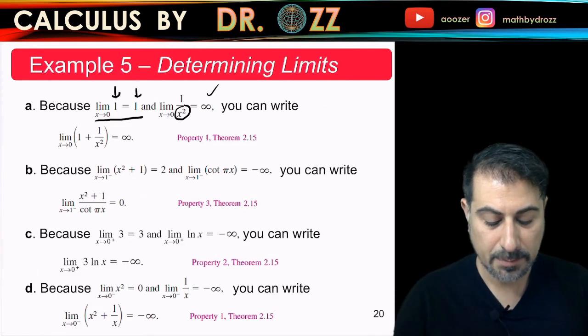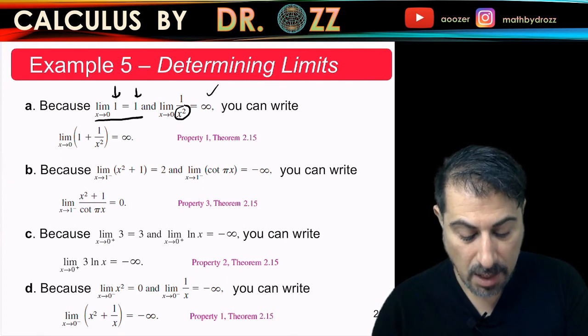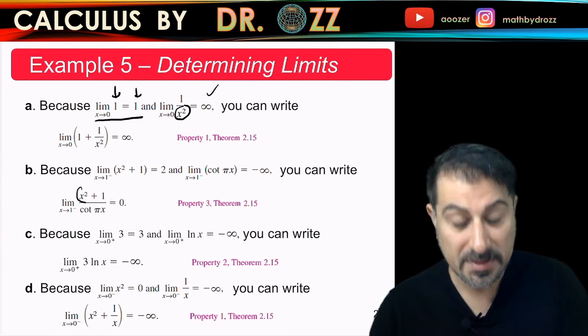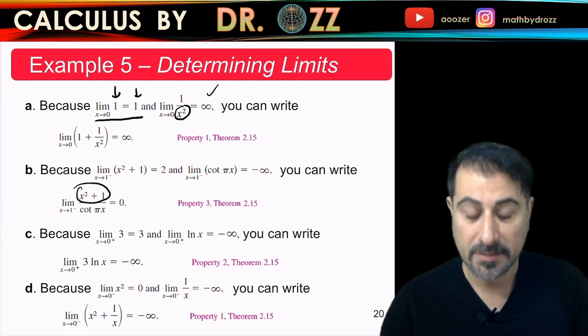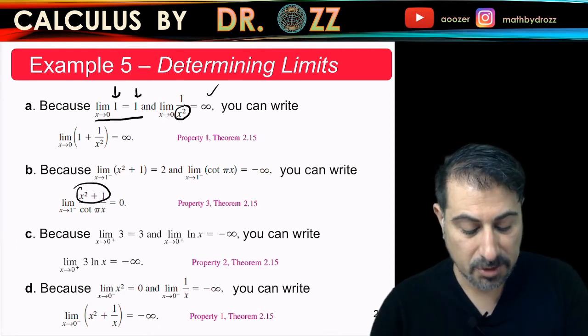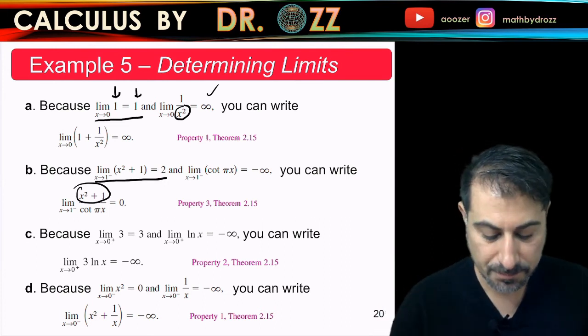In the second example, we have the limit of a quotient, and the top is a polynomial, and we approach 1 from the left. This limit is just direct substitution. It's a finite limit: 1 squared plus 1 equals 2.